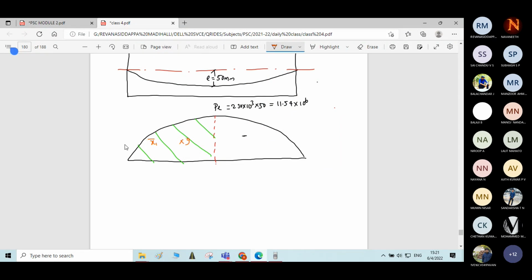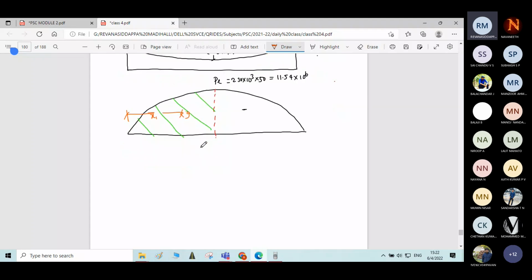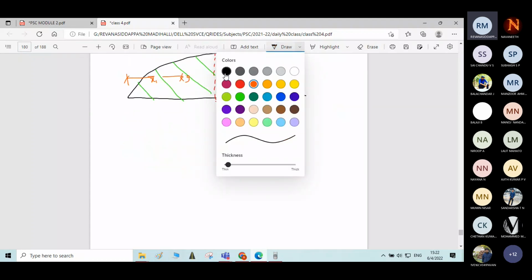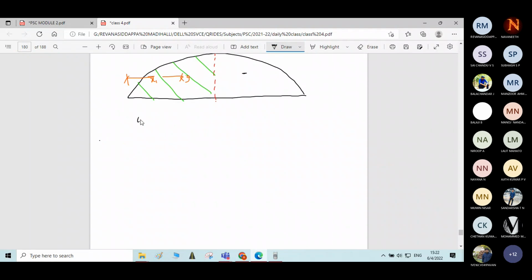X1 bar. Same procedure here also. Therefore, delta PS is equal to area into X bar divided by EC into IX. So minus A1 X1 bar divided by EC into IX. Therefore, A1 is equal to 2/3 of base into height.